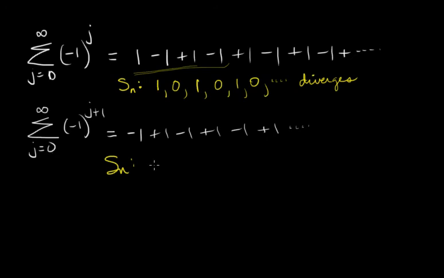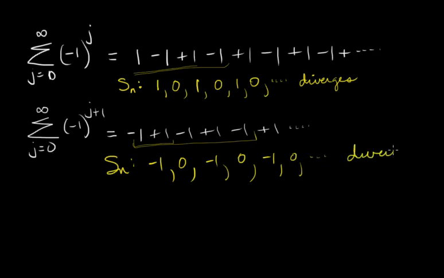The first partial sum is just -1. But the second one, we add the first 2 and we get 0. The next one, -1. The next one, 0. S5 is the sum of the first 5. So we have -1 and 0, and we'll keep going. We see that it certainly diverges.